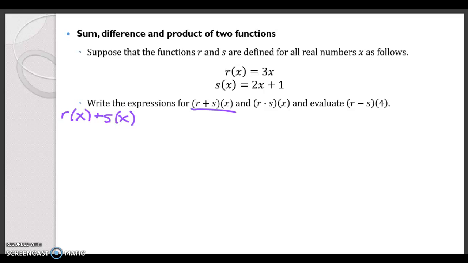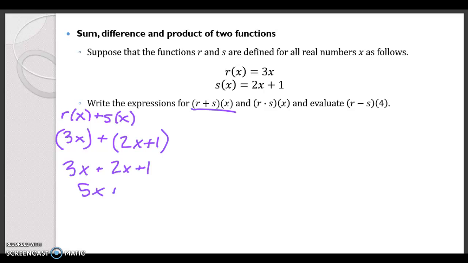All we do is take r of x, which is 3x, and I always like to put parentheses around the whole function, plus s of x, which is 2x plus 1. Now we can simplify this. The parentheses didn't really do much here, but if we get to subtraction, that's where it's going to matter. Now we can combine like terms and get 5x plus 1.